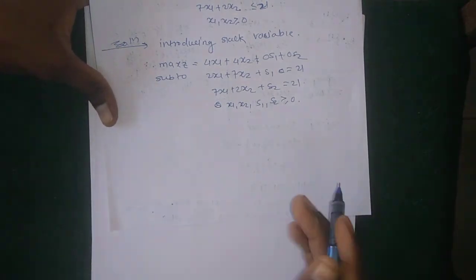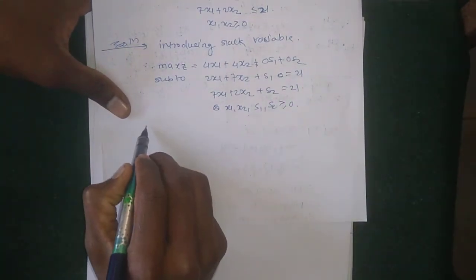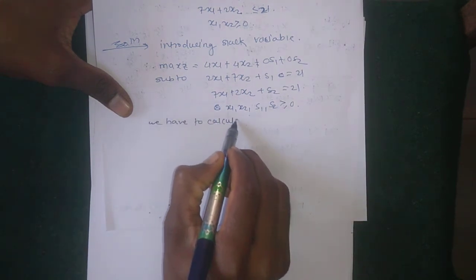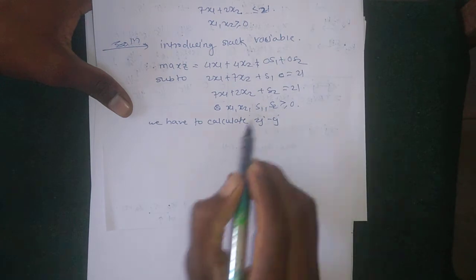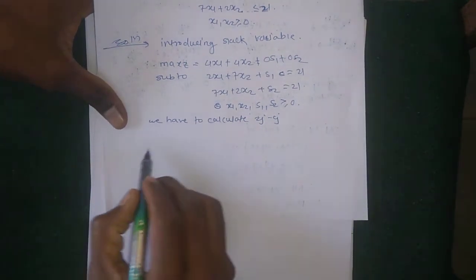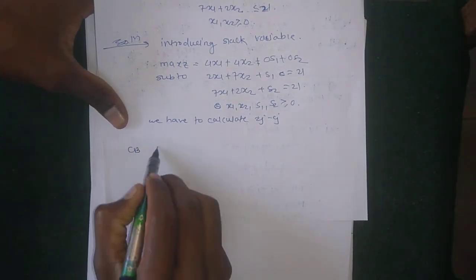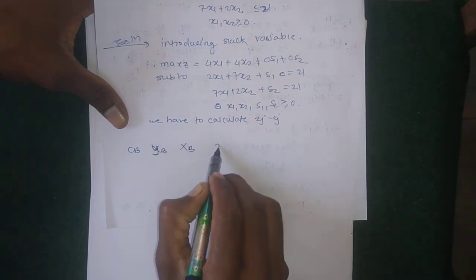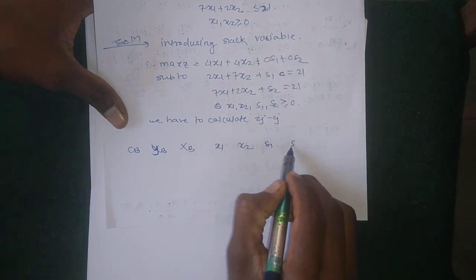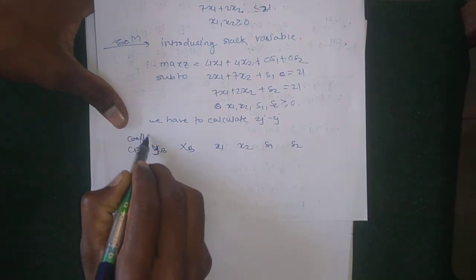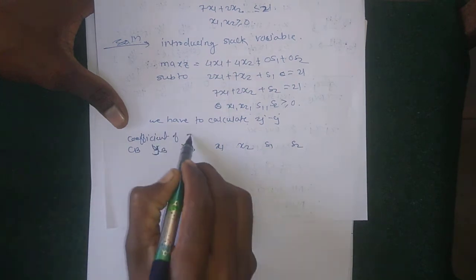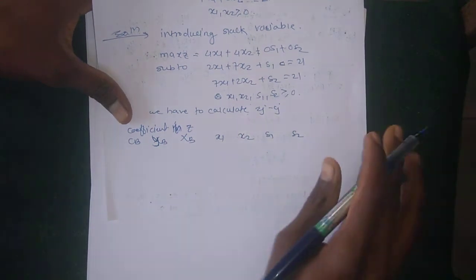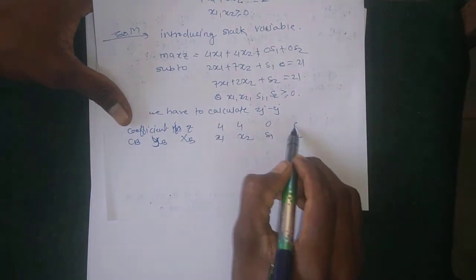So we have to calculate Zj minus Cj. So draw the simplex table. Here CB, YB, XB, x1, x2, s1 and s2. On the upper side are the coefficients in Z: 4, 4, 0, 0.